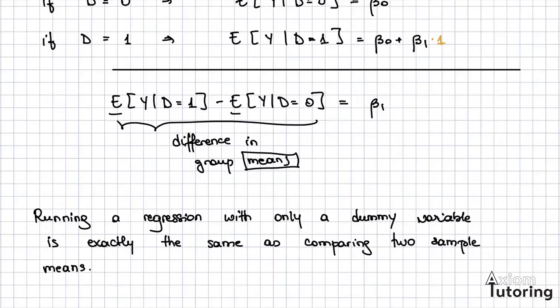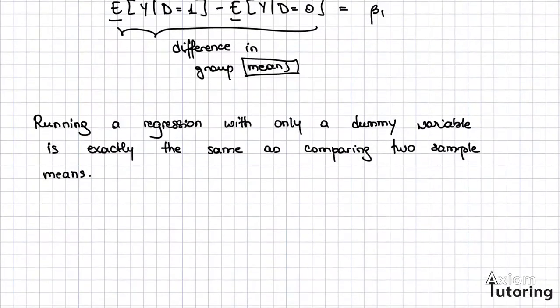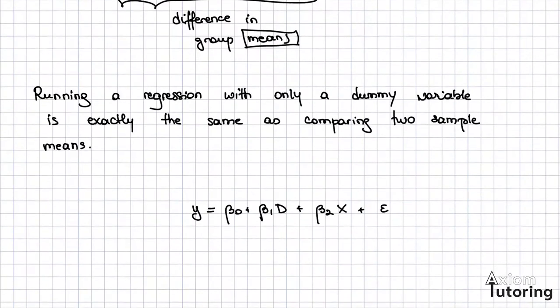Now, let's extend the model. Let's assume we have a model where y equals beta 0 plus beta 1 d plus beta 2 x and an error term. Let's continue and do the expectations as usual.